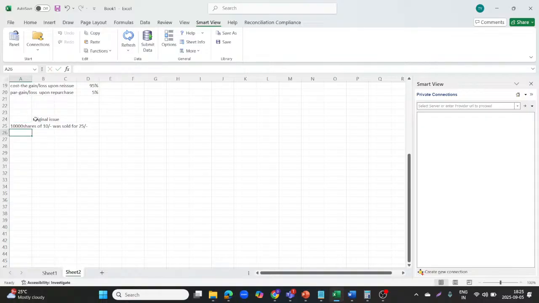Okay, so now what will be the entry? We will say cash account debit. Now how will we enter the amount? It was sold for 25 per share and 10,000 shares.